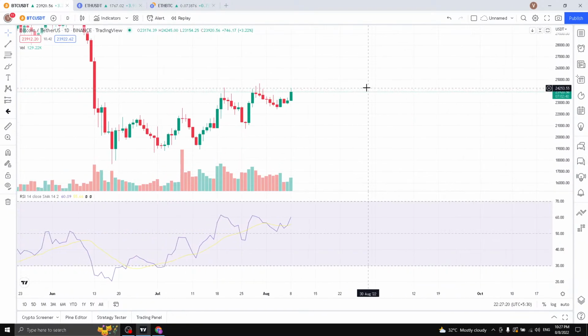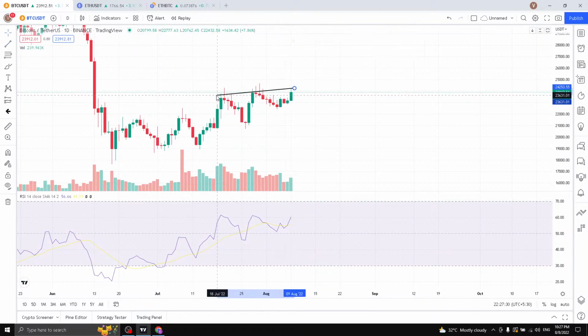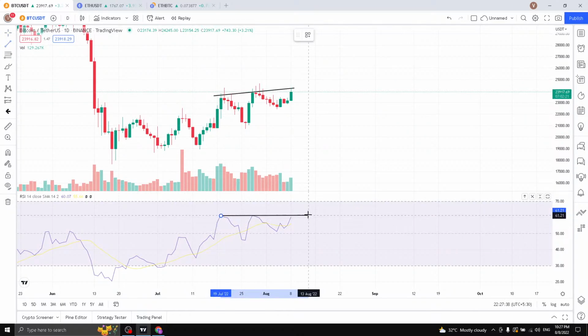So the US markets opened bullish today, and we could obviously see a pump in Bitcoin. Now, if we see Bitcoin retrace from here, the RSI would form a low, so that would be a bearish divergence.